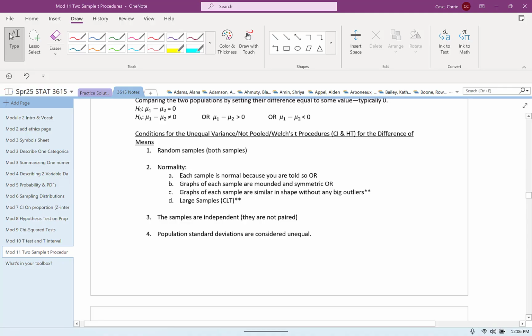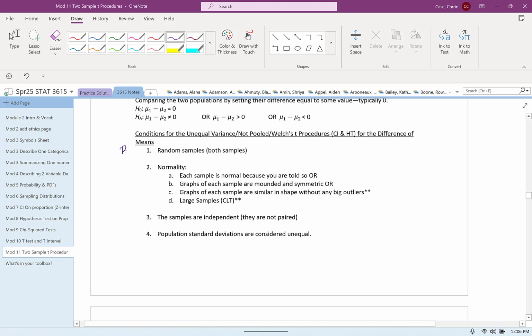The conditions for this unequal variances or not pooled test or confidence interval for the difference of means is still that we have a random sample or two random samples, normality with the same normality conditions, and then we have not paired data. The difference now is that population standard deviations are considered unequal or we didn't have equal sample sizes.